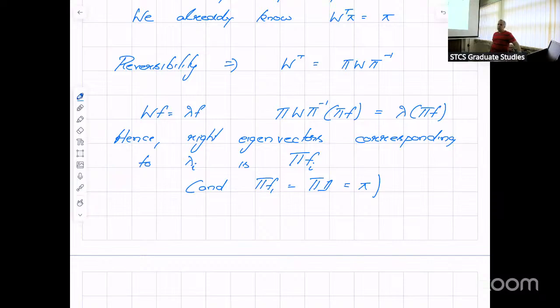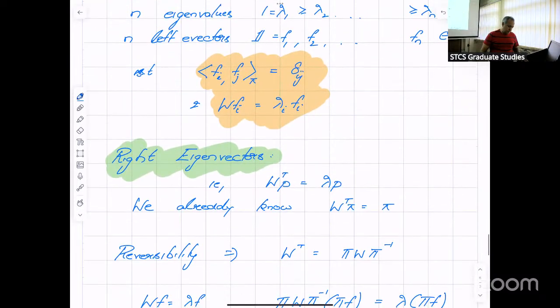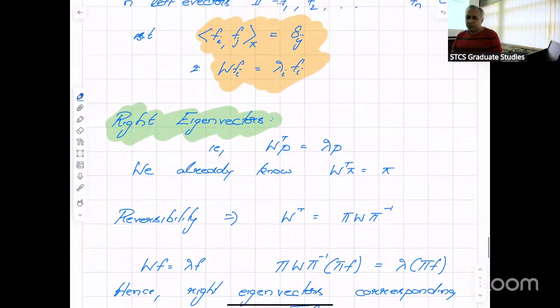So the left eigenvectors and right eigenvectors for this just differ by multiplication by pi. Questions?